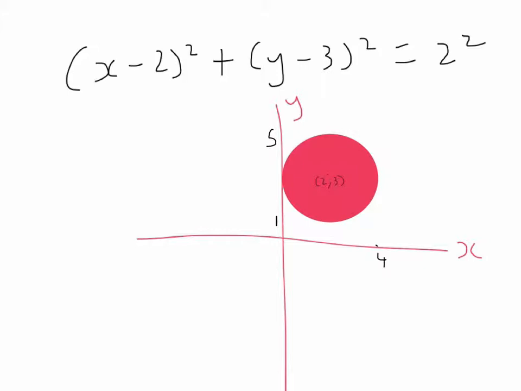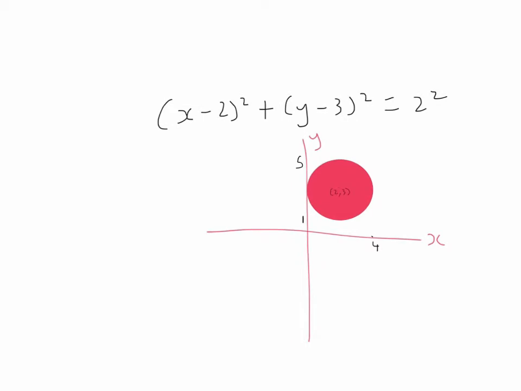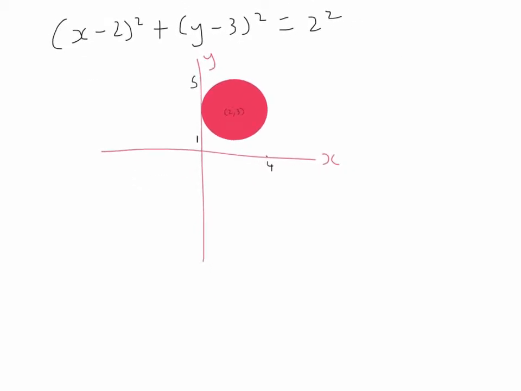If I wanted to look at the domain of this graph as well, the domain of the graph is from 0 to 4 inclusive. The domain of my graph is from x equals 0, because this side is at x equals 0, and this side is at x equals 4 inclusive.